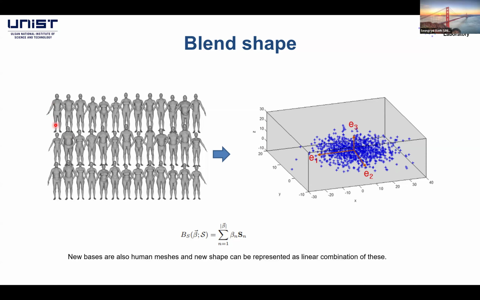They are obtained by scanning real human bodies using a 3D scanner. They collect this type of multi-person meshes using the 3D scanner, and they pre-process them to have the same number of vertices on the surfaces.